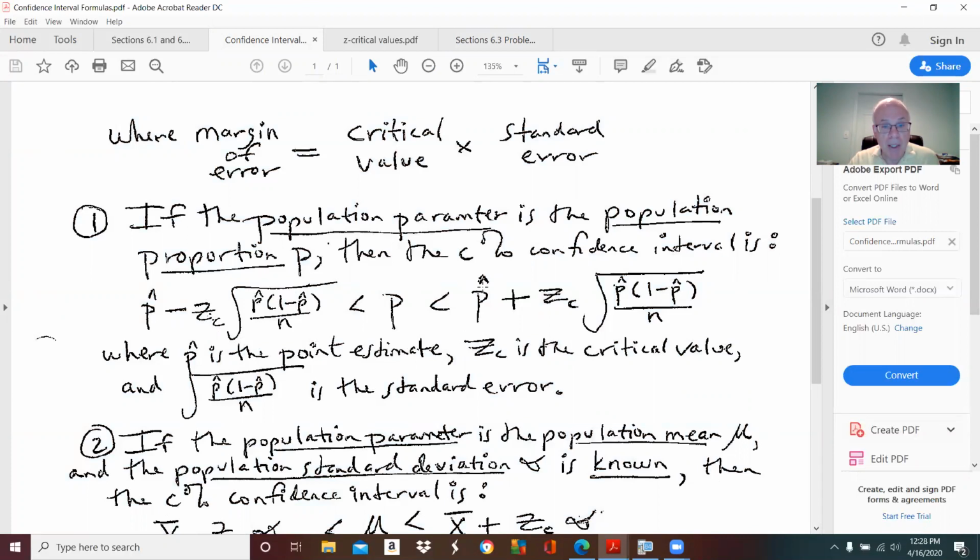On the right, we're adding to p hat the margin of error, the same formula that you see on the left, except adding the z times the square root on the right, and we're subtracting it on the left, right? So that's how we end up forming a confidence interval.